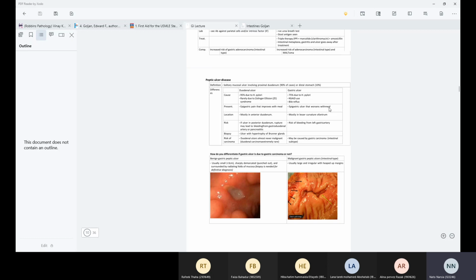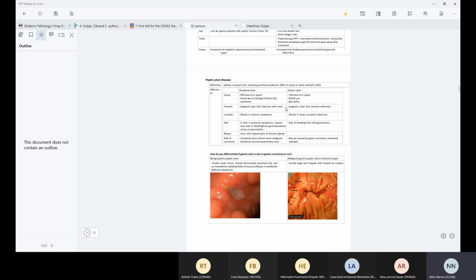And as you hear weight loss, you know that it is usually associated with a tumor, right? Cancer, for example. But this patient loses weight because they cannot eat, because they have fear of pain, as they have an epigastric ulcer, and it leads to pain with meal. And in the other case, it improves with meal, so for that reason, they constantly try to eat.